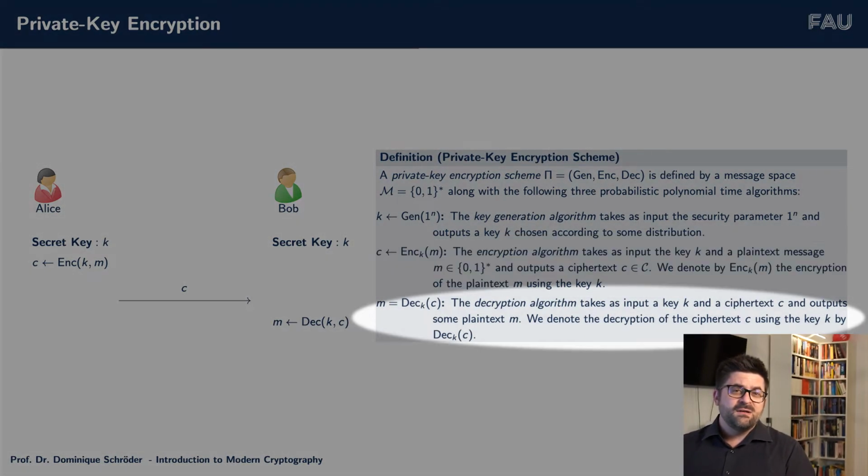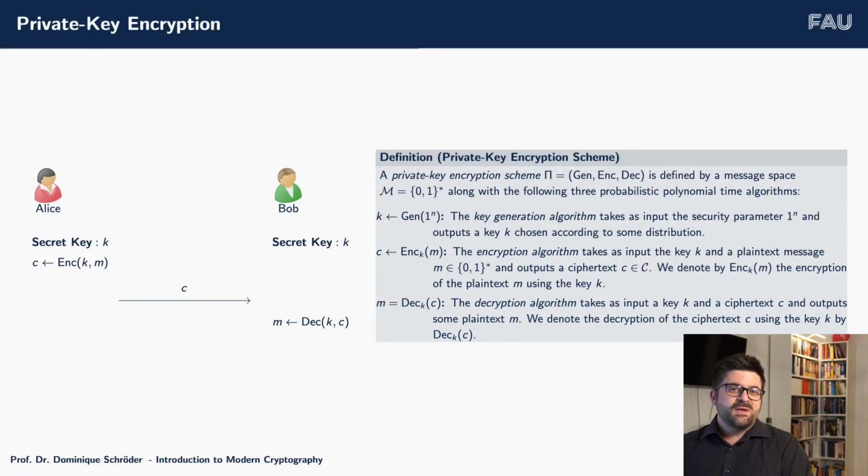Analogously, we define the decryption algorithm, which again looks very similar as we discussed before. So to sum up, what we do in the first step is take this informal description, this picture, where we are trying to express what is actually going on, and then turn it into a very precise language that exactly says what the inputs are, what the outputs are, and how the behavior of these algorithms is.